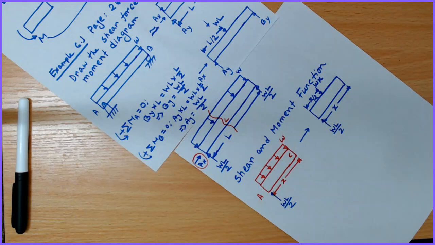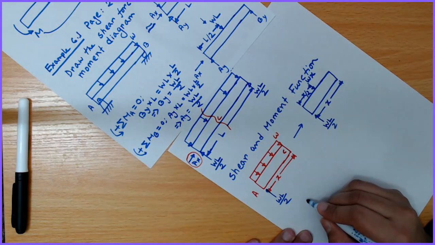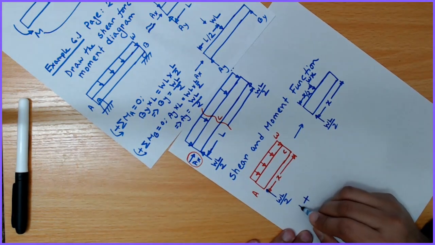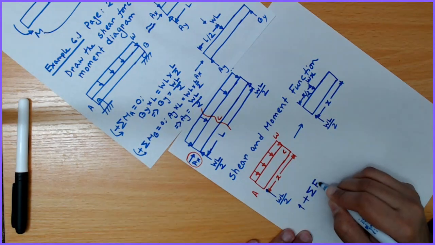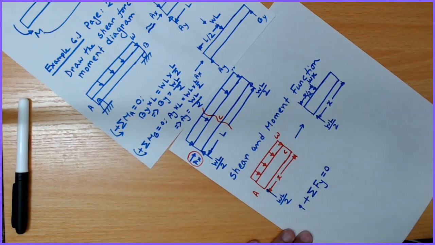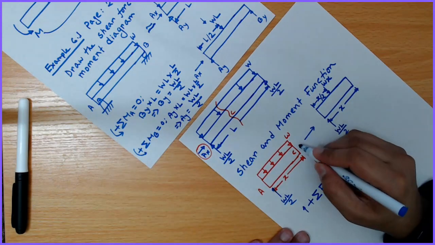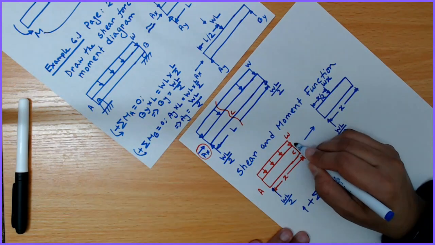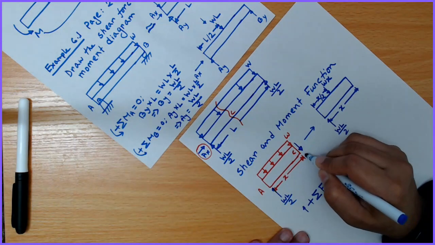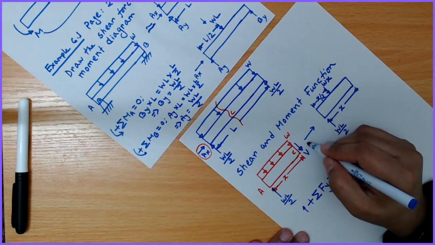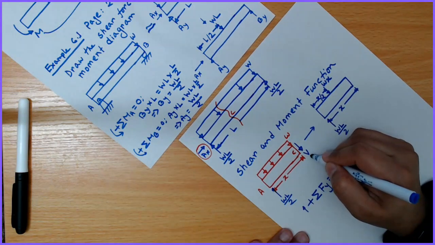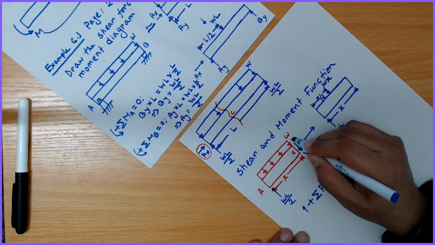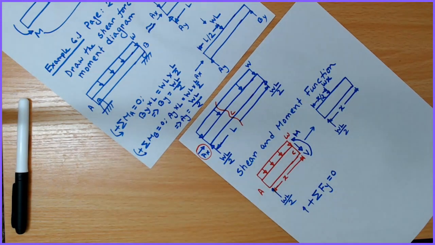Now let's write the equilibrium equation, summation of Fy equal to 0. Once we cut here, two things are generated. This is my V, the shear force, and the moment. The shear force and the moment.